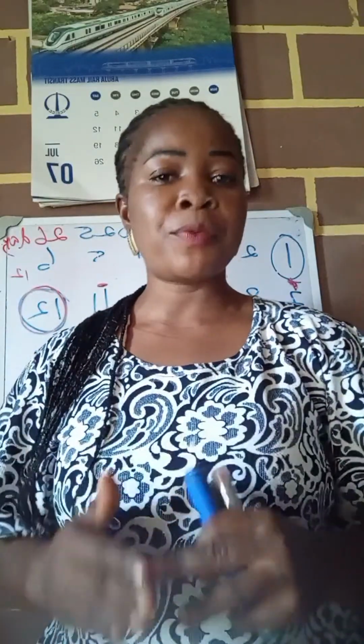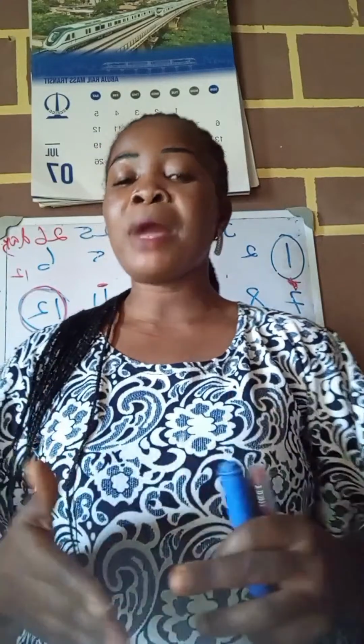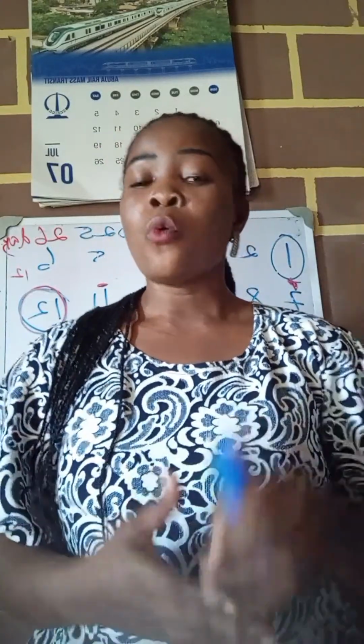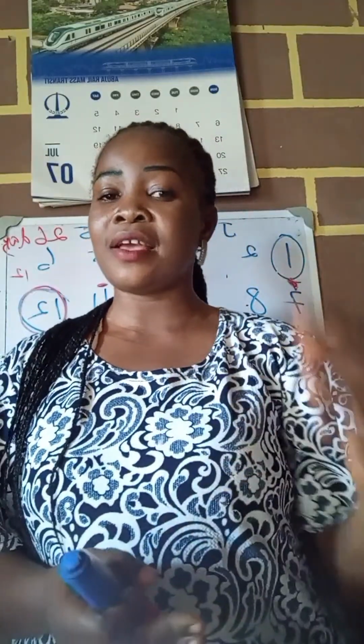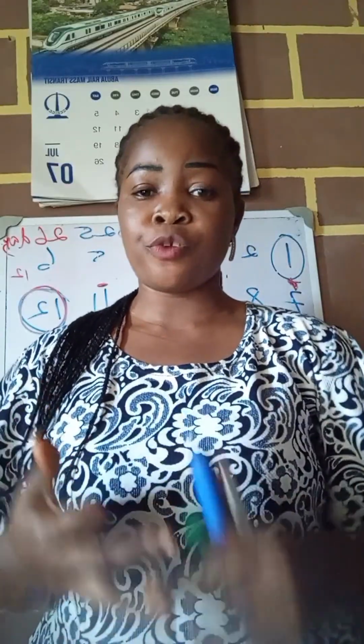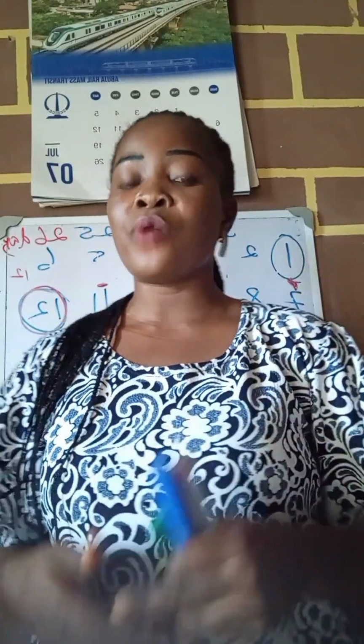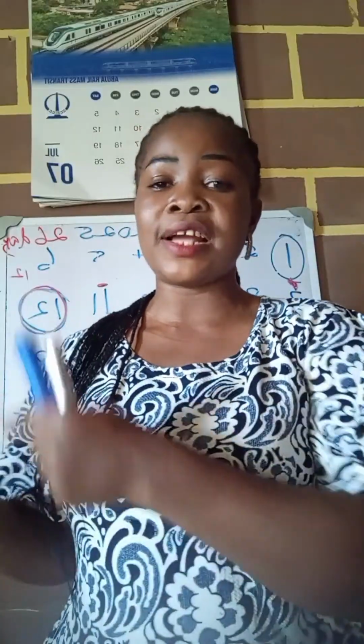Now, in a man's reproductive system, a man has both the X and the Y chromosome, while a woman has only the X chromosome. When they mate during intercourse, if a man brings X chromosome, the woman will bring X chromosome. They're going to have XX. This is why when you go to scan, you will see under gender XX, meaning you are carrying a baby girl.